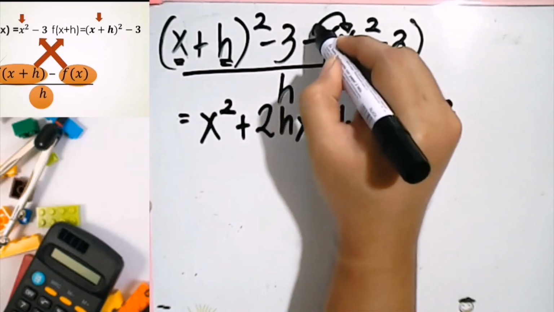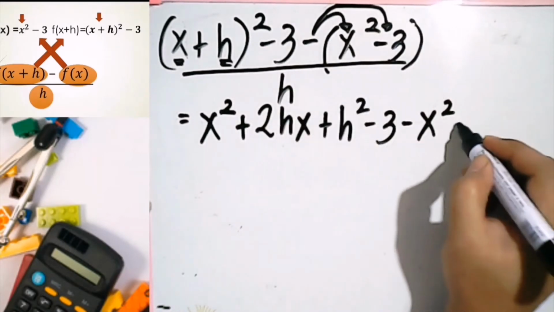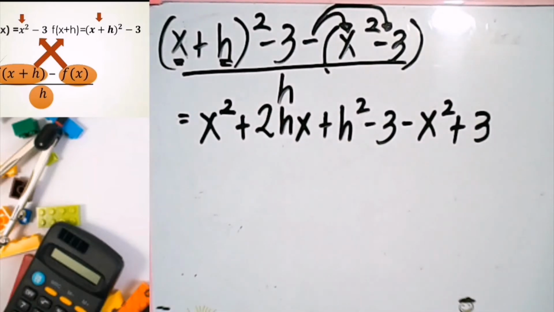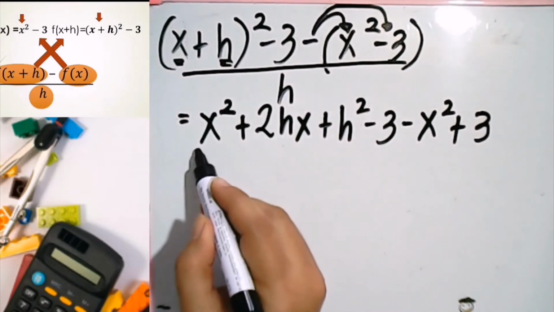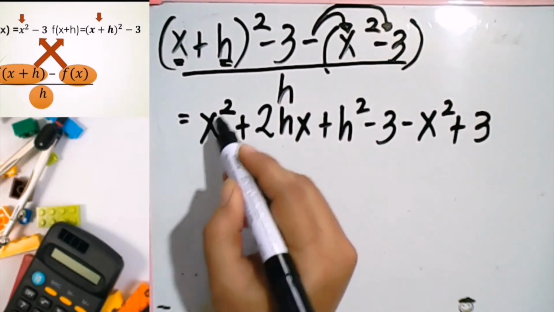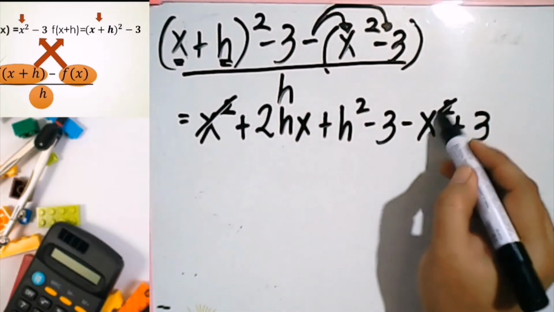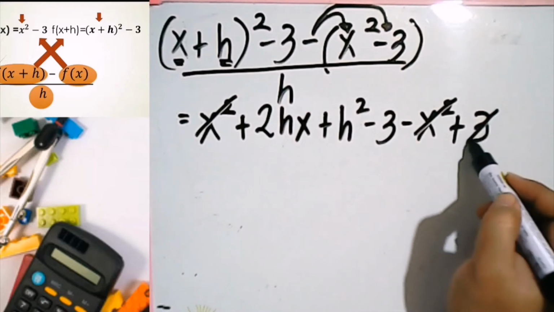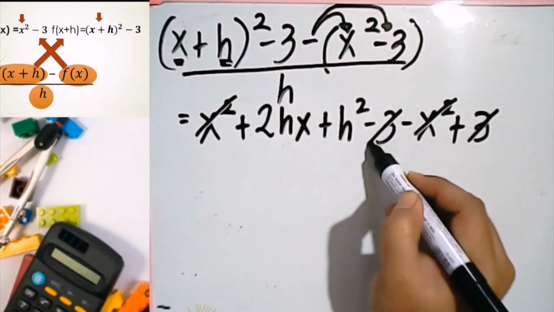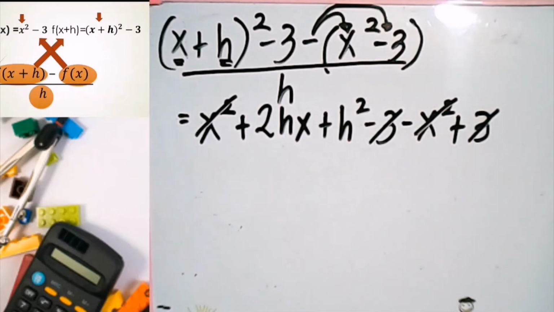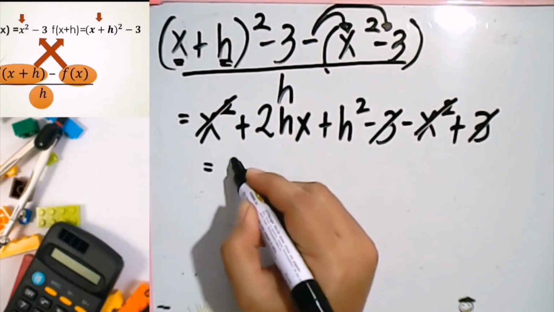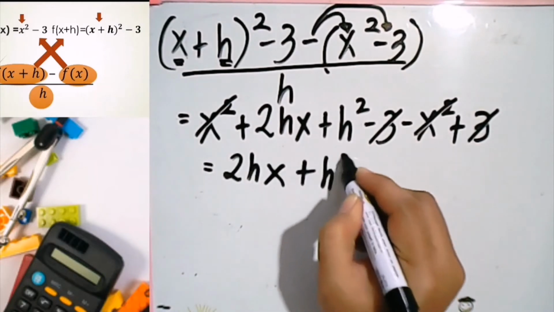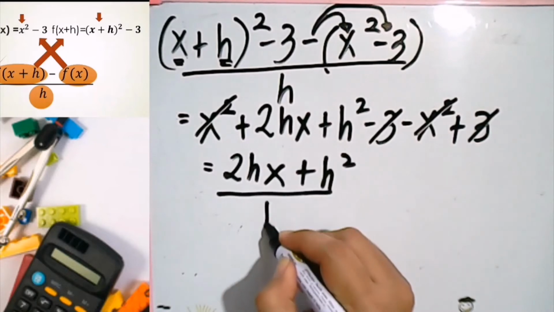Since this is negative and this is negative, this will become positive 3. Now, combine the like terms. As we can see, we have like terms: x to the second power minus x to the second power is canceled out. Next is 3 and negative 3. The remaining are 2hx plus h squared all over h.